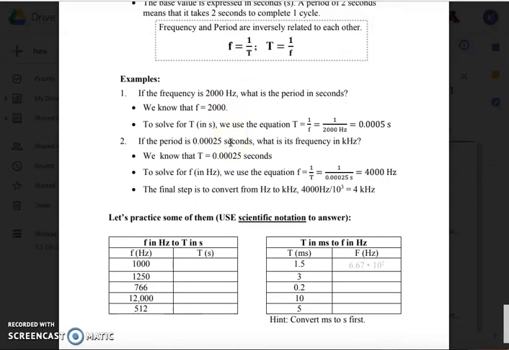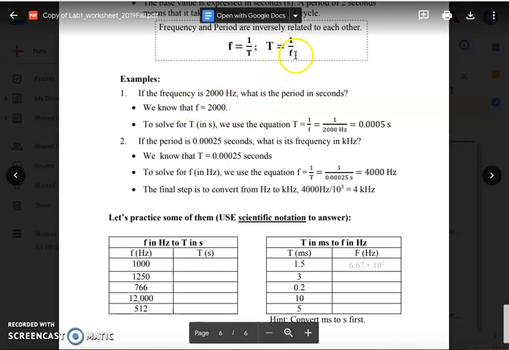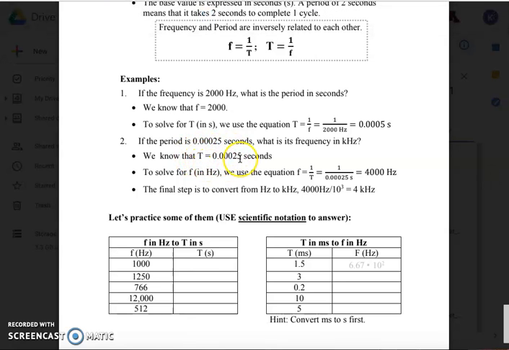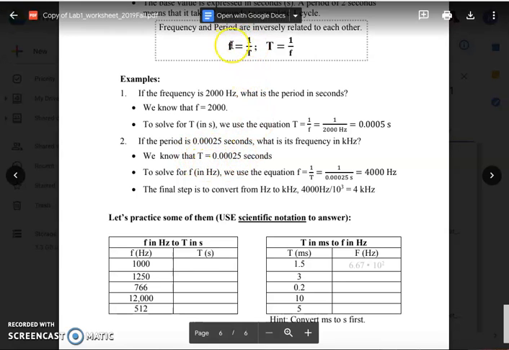So in the example, we know that we have 2000 hertz, which is the frequency. So we're inserting it into this equation because we want to find out the time. And in example 2, we have the time, and so we want to use this equation because we know what the time is. And we are trying to find out the frequency.